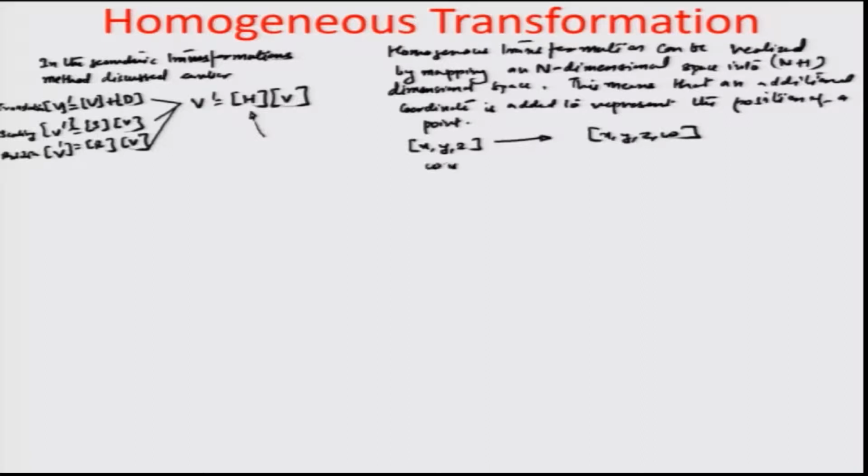W is the additional variable, you can call it a dummy variable also, and you can use it for normalization of the state of space here.